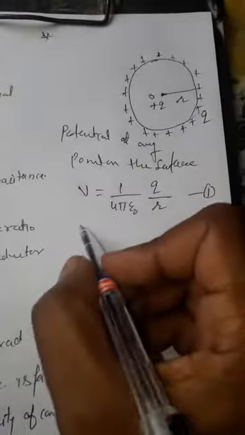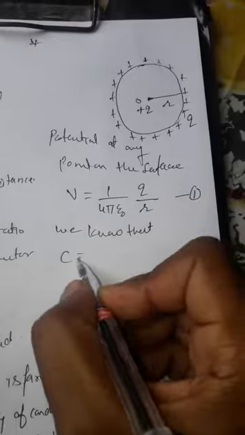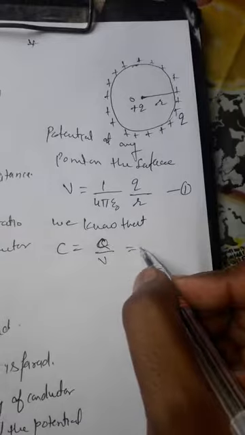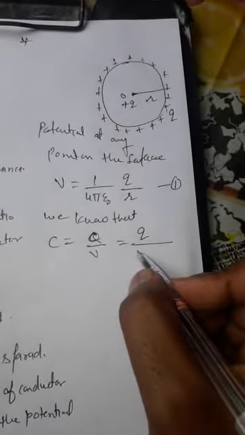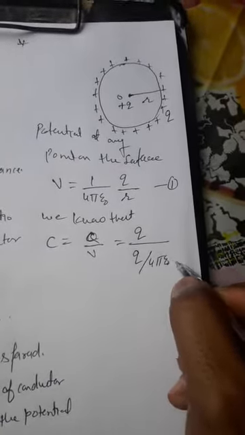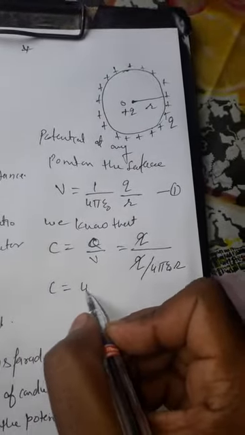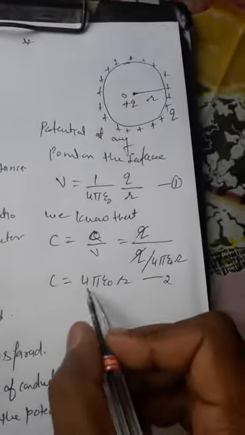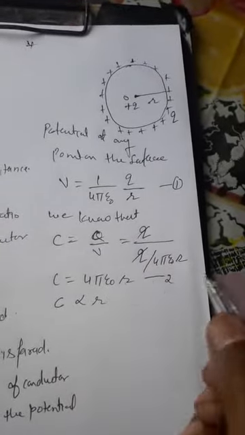Now we know that the capacitance is equal to Q upon V, where Q is the small charge Q and V is from equation 1, that is Q by 4 pi epsilon naught R. So we can write it as Q upon Q by 4 pi epsilon naught R. So C must be written as, Q is cancelled out, so we get 4 pi epsilon naught R. So it is clear from this equation that the capacitance is directly proportional to R, because 4 pi epsilon naught is a constant.